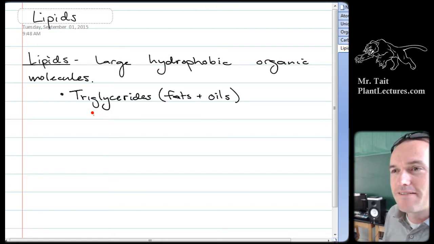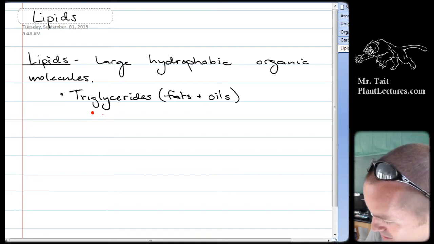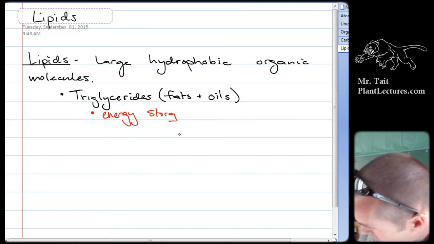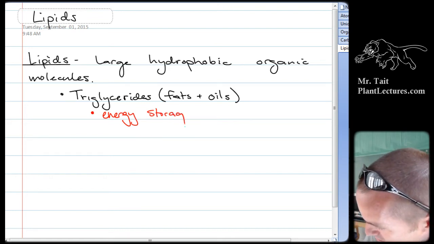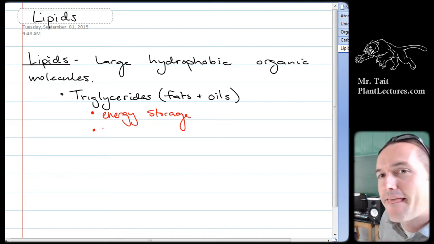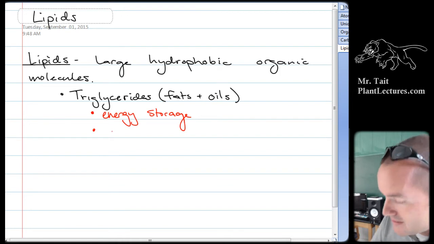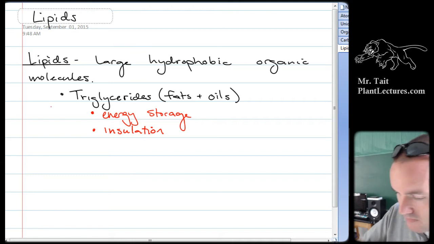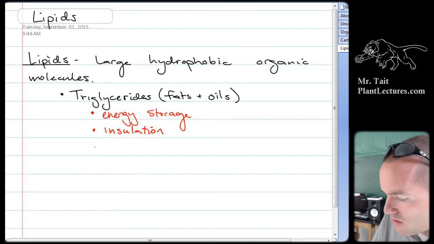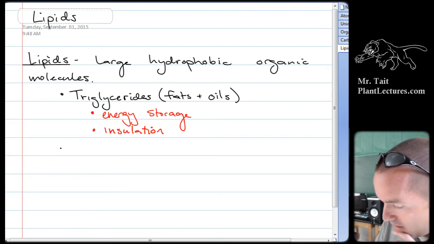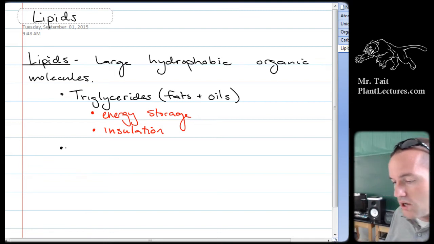Don't they store energy? Store energy, yeah. So energy storage. And what else? Fats can be used as insulation. Yes, insulation. And occasionally oils can be used for waterproofing, but we're going to talk more about a better waterproofer in a minute. Okay? So triglycerides, that's one.